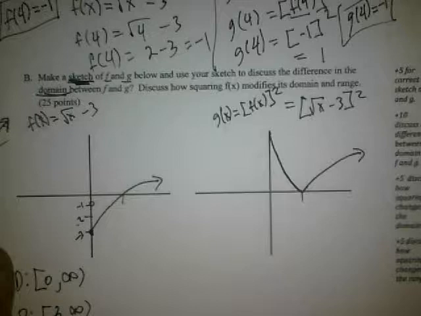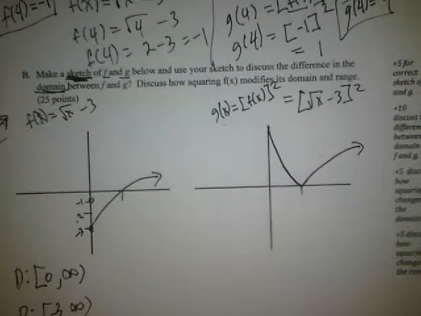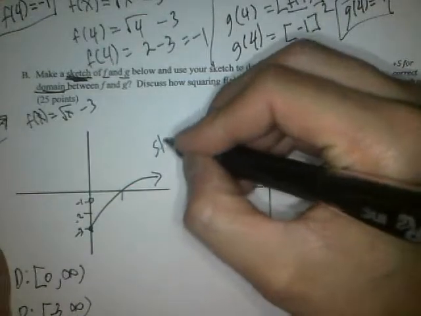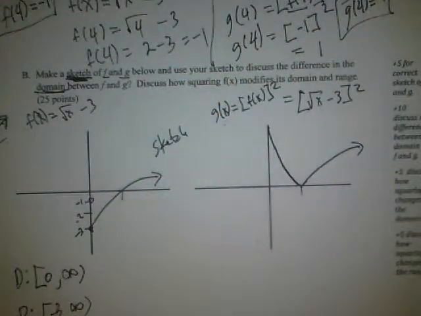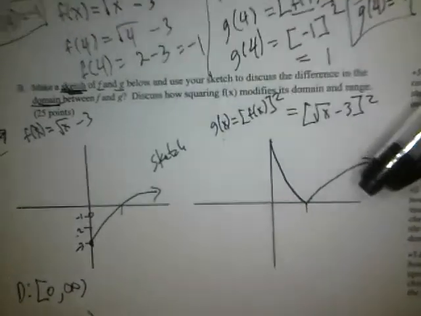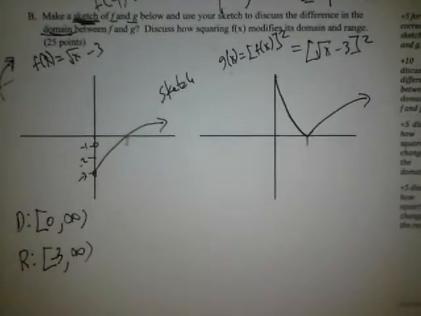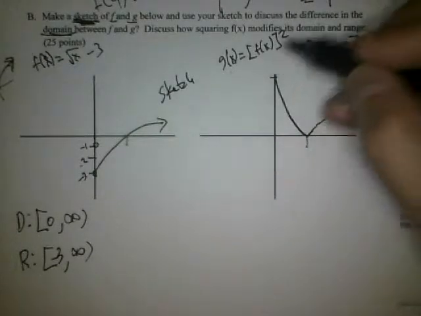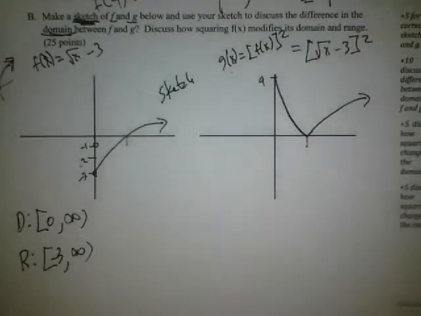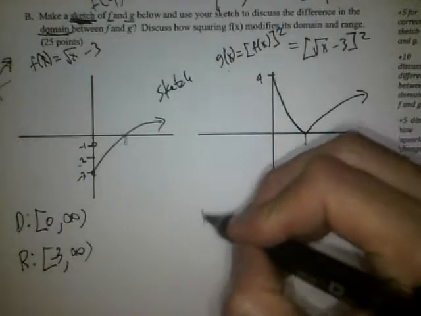So we're going to look at the domain and range now of this function. And remember, the key is this is a sketch, so it doesn't have to be perfect. The only thing we need to get values for are the domain and the range of the function. And we'll see if we need to find this value up here. I think this value is 9. Well, I'm not sure, but we'll check it out. So let's find the domain.